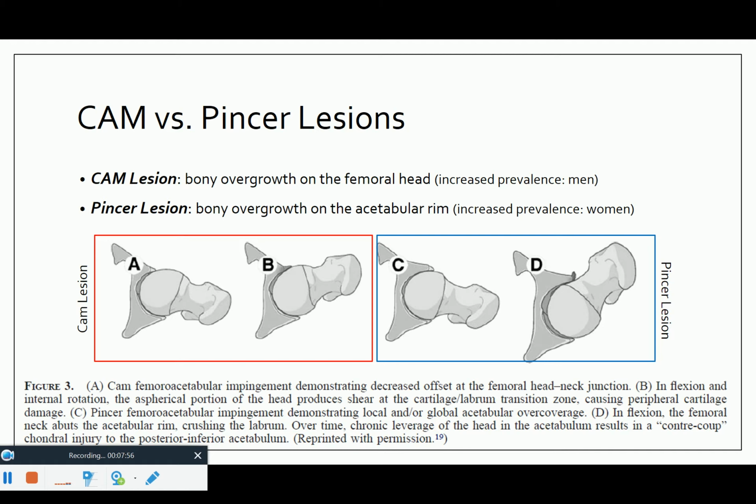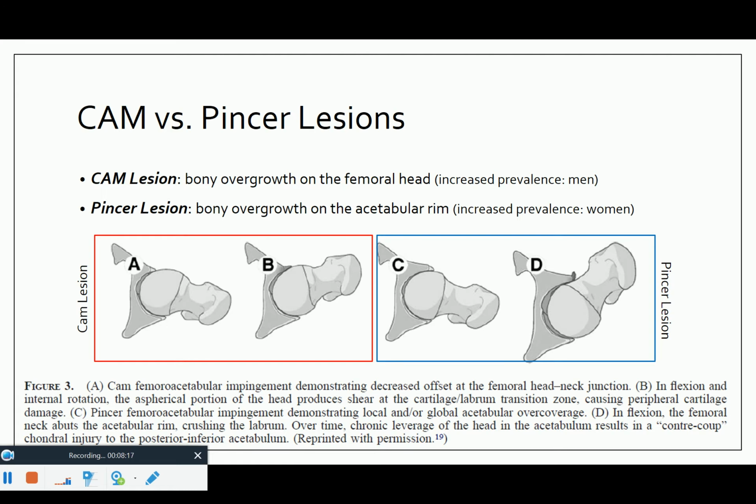So a CAM lesion, CAM stands for Controlled Action Movement. A CAM lesion is bony overgrowth of the femoral head. You have increased prevalence of this in men. And a pincer lesion is bony overgrowth on the acetabular rim, and there's an increased prevalence in women.